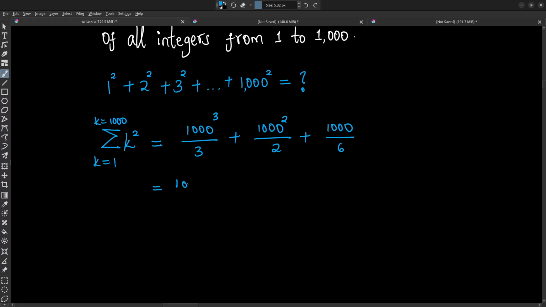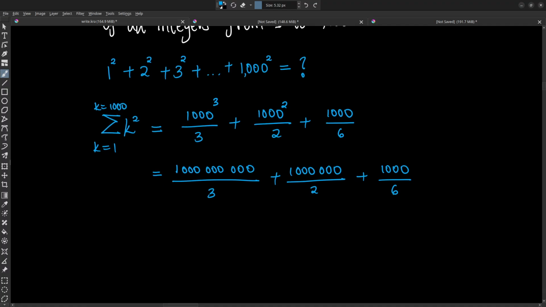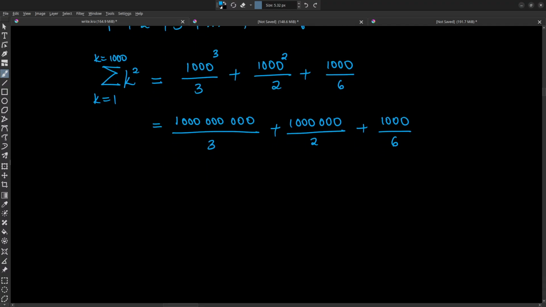So that is 1000 cubed. This is all over 3, then plus 1000 squared, that's going to be 1, 2, 3, 1, 2, 3. This is all over 2, and then plus this is still 1000 over 6, right? And then of course, at this point, you can choose to use a calculator. I think I can just do this manually.